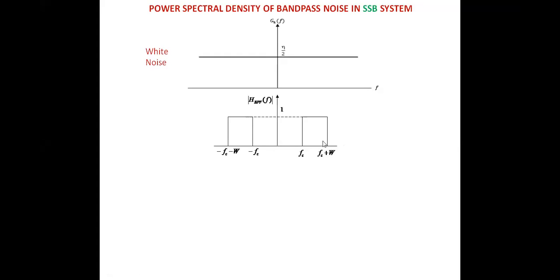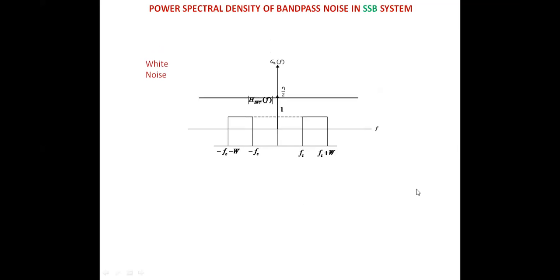But in the case of DSBSC, what is the difference between the bandpass filters used in DSBSC and SSB? Only this pass band. In DSBSC, the pass band of the bandpass filter is Fc minus W to Fc plus W, whereas in SSB it is ranging from Fc to Fc plus W, isn't it? So when the white noise is passing through this bandpass filter, the output will be bandpass noise with a pass band equal to this one only, isn't it?